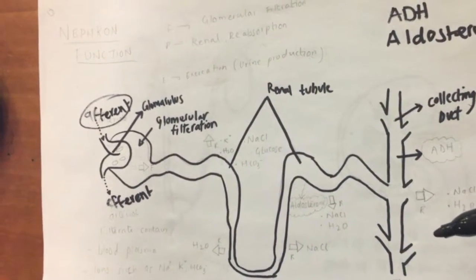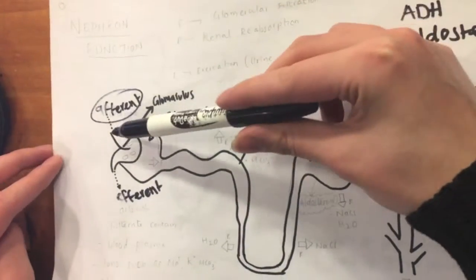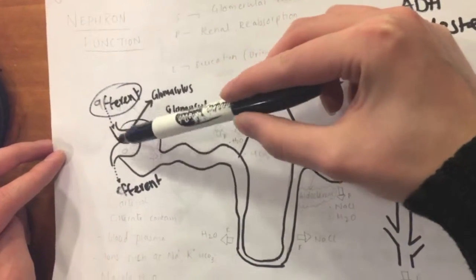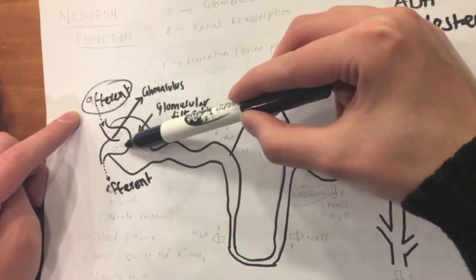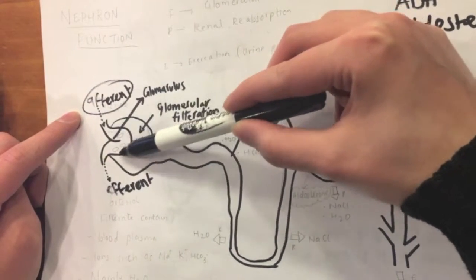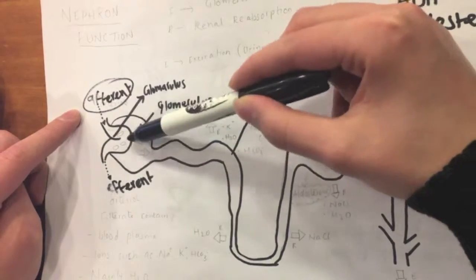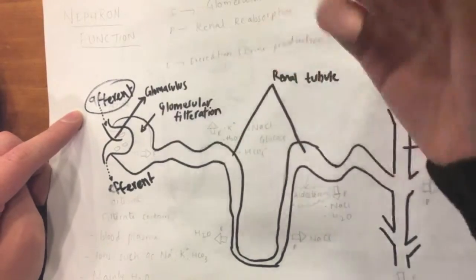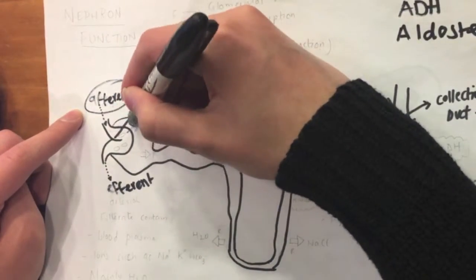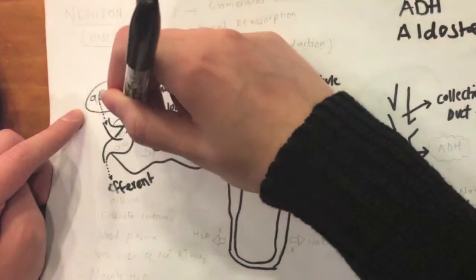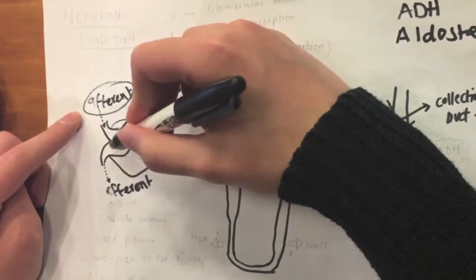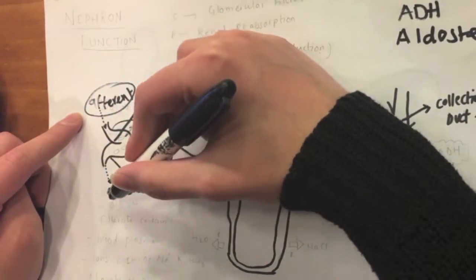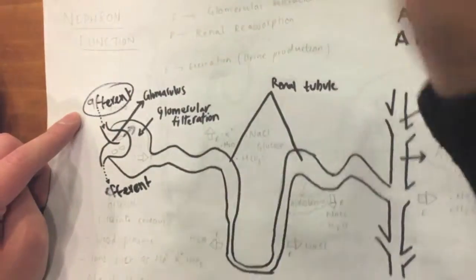There are two arterioles that supply the glomerulus with blood and also get rid of the blood. The afferent takes the blood into the glomerulus capsule, and through this semi-permeable membrane there is an exchange of ions moving in, and the blood that is filtered will move back out to the body through the efferent arteriole.